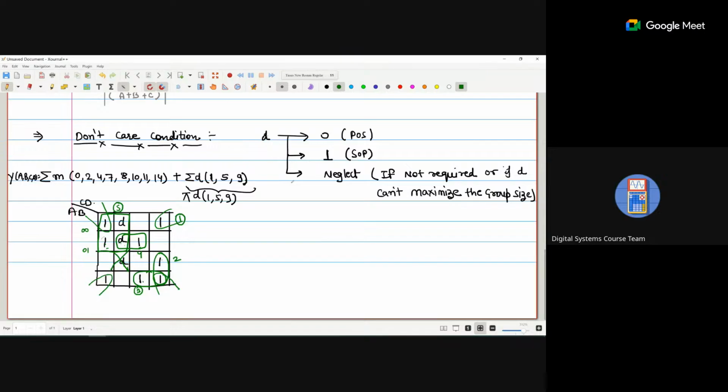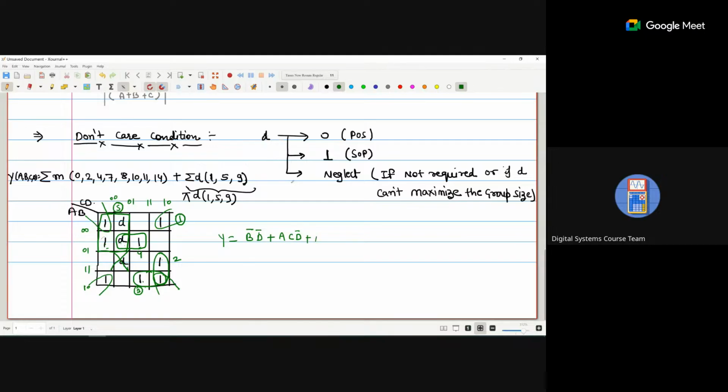0, 0, 0, 1, 1, 1, and 1, 0. Okay, so Y is: for the corners, B bar and D bar. The second group, A, C, D bar.